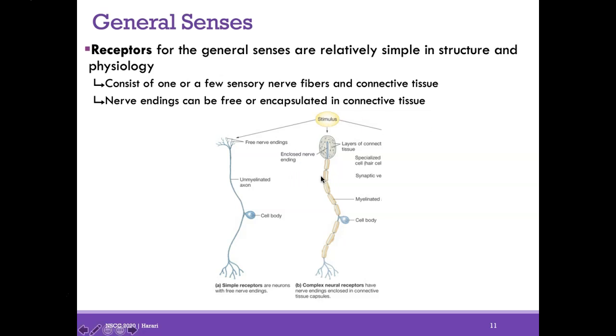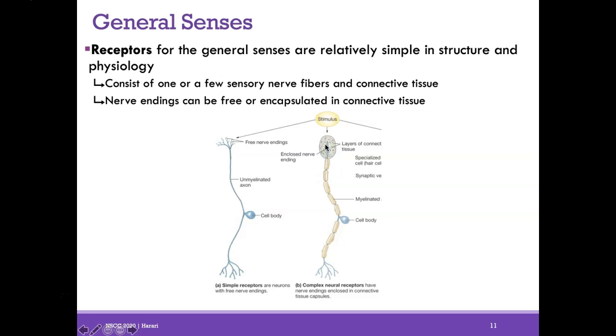Or you can have an enclosed, or what's called an encapsulated, nerve ending, which is a nerve fiber wrapped in glial cells. In the central nervous system, it would be oligodendrocytes. In the peripheral nervous system, they're Schwann cells. This is connective tissue that's wrapped around the nerve ending.